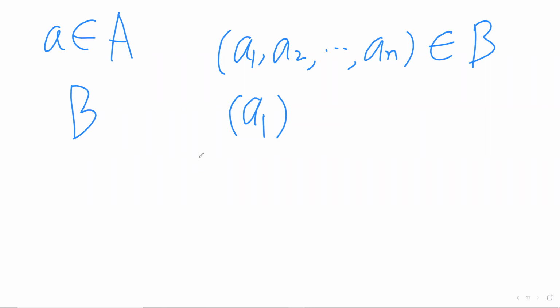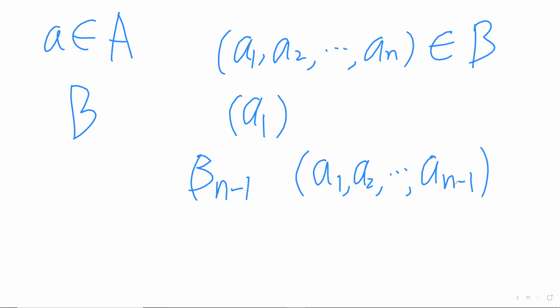Now we use mathematical induction. Suppose B n minus 1 is countable, and B n minus 1 contains A1, A2, until A n minus 1, where n is bigger than or equal to 2, which means the first case is just B1, which is exactly the first case.